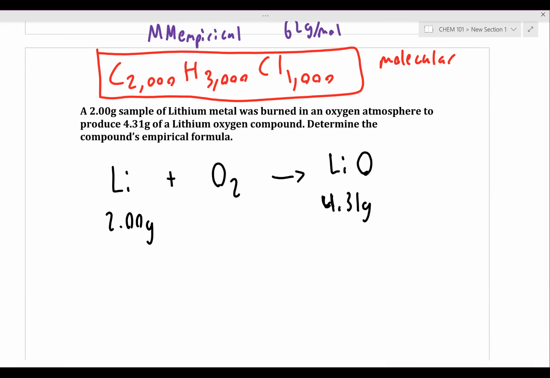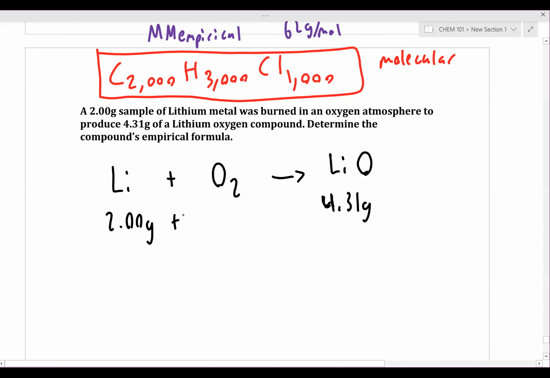So what other information can we derive from these masses? If we know the mass of our reactant and we know the mass of our product, can we figure out how much oxygen ends up in our sample? What law can we invoke? What principle can we invoke? Conservation of mass, exactly right.